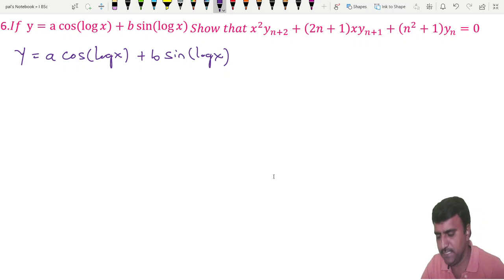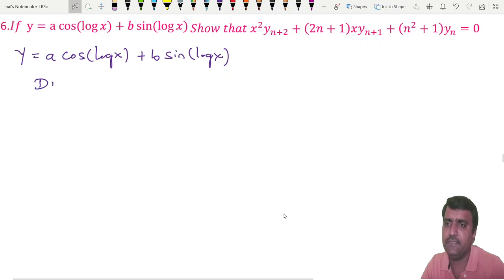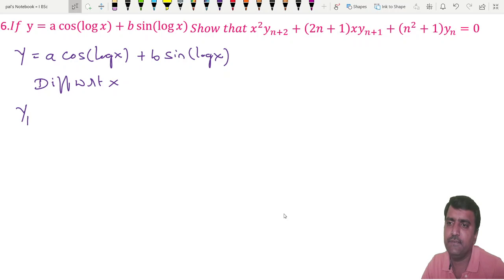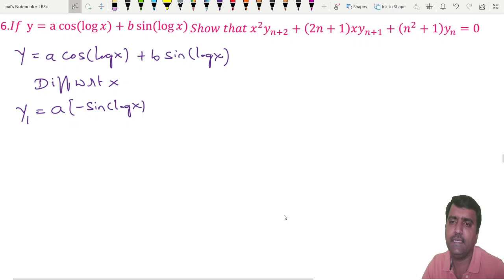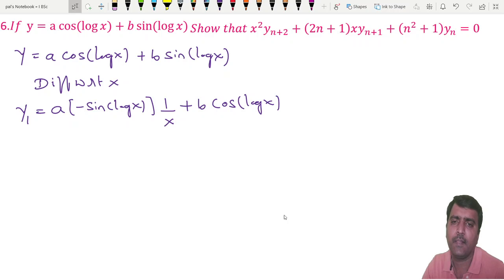So now differentiate y with respect to x. y1 is equal to a into differentiation of cos, which is minus sin of log x. Inside function is log x, and differentiation of log x is 1 by x. Similarly plus b into differentiation of sin, which is cos of log x, and again differentiation of log x is 1 by x.